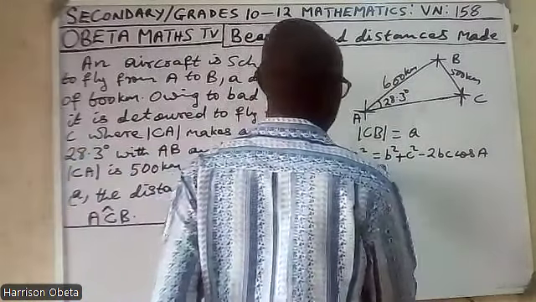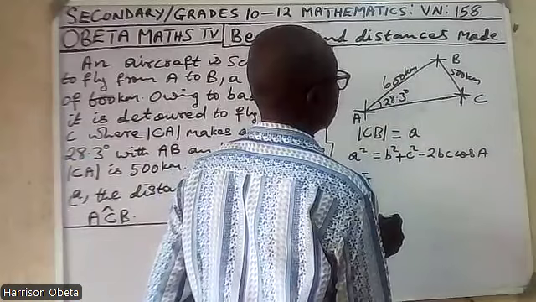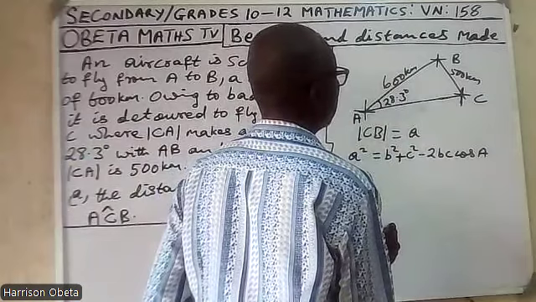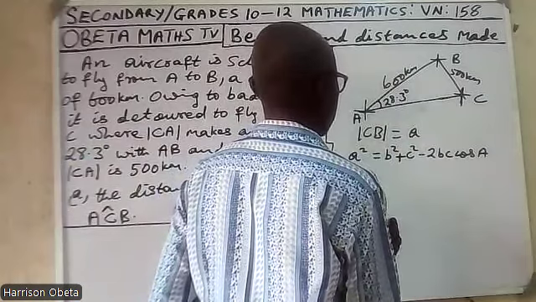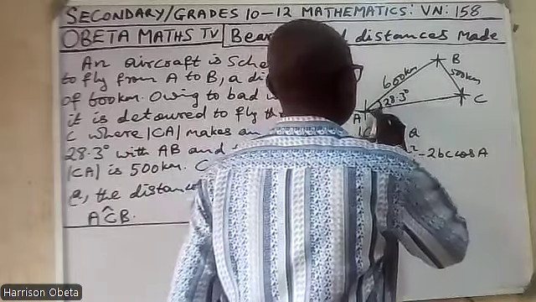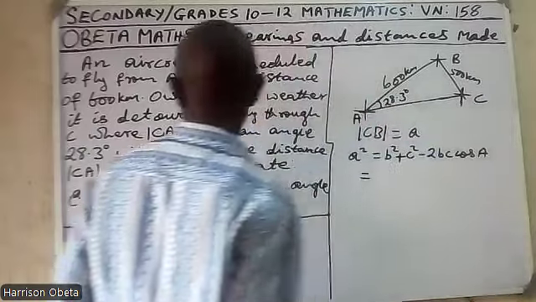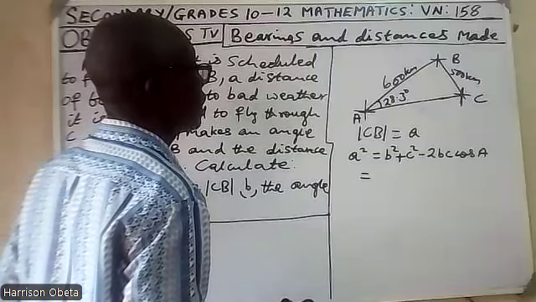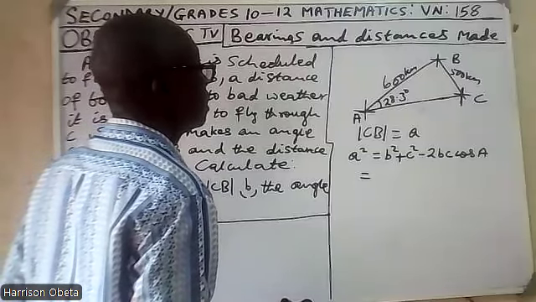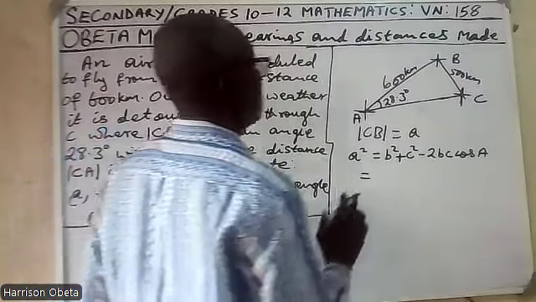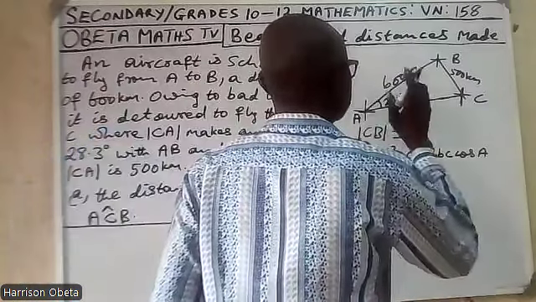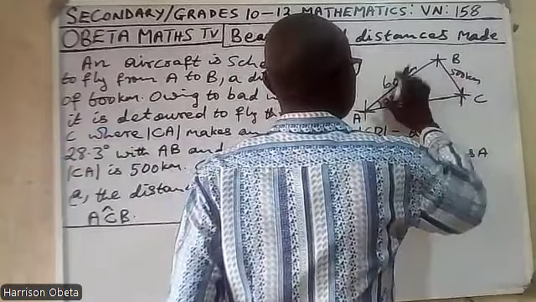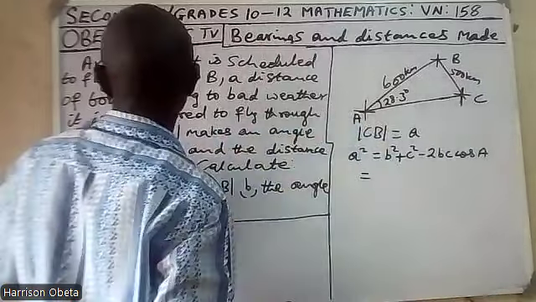Okay, that will give us, what is our B? Our B is this. Do we know A squared? Let me see. This and this. Sorry, let's go back.